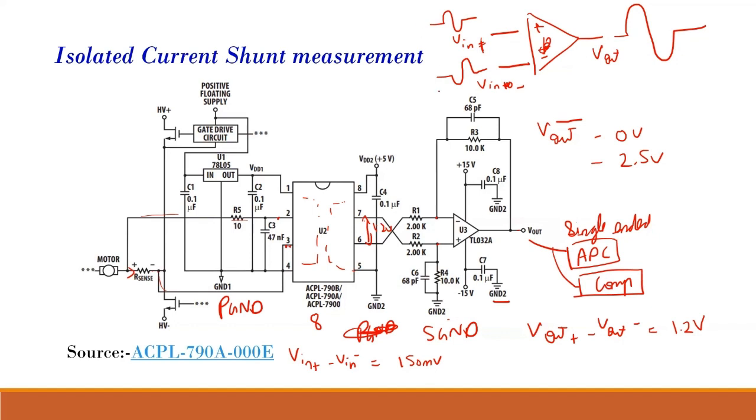My input was two signals, which had a common mode value, and a part oscillating around that common value. The common mode value gets subtracted off and eliminated, and only the differential component gets amplified and is available over here. That is why it is a single-ended signal.